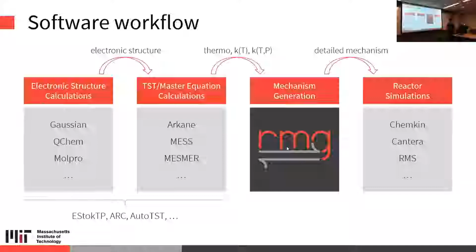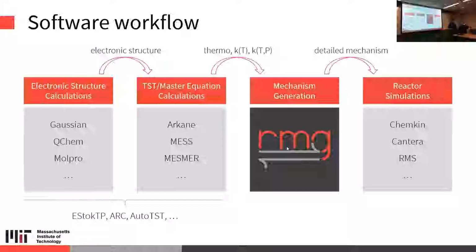When we want to improve data through quantum calculations, we'll start with some electronic structure software. This can be Gaussian, QChem, MOPAC, Orca. There are dozens of them out there. We'll run a calculation for some structure, and that will give us all the details of this electronic structure, such as energy, frequency, etc.